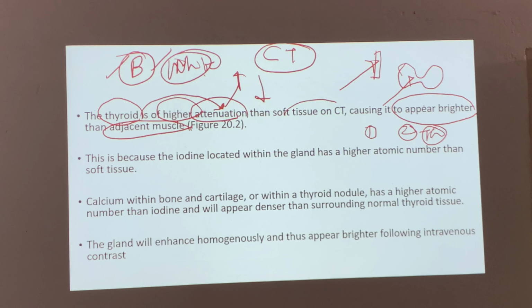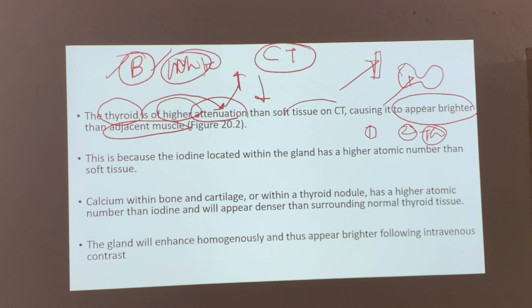Why? The reason given by the author is that iodine is concentrated in the thyroid gland. Some element is there in the muscle, which is lesser than iodine. And if you take calcium, it is still more than that. So it is the bone, having calcium, that is going to have the most attenuation.